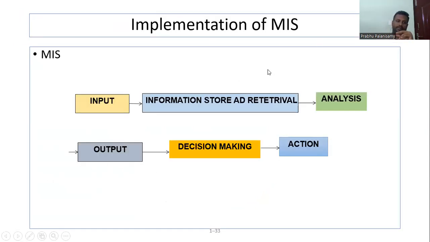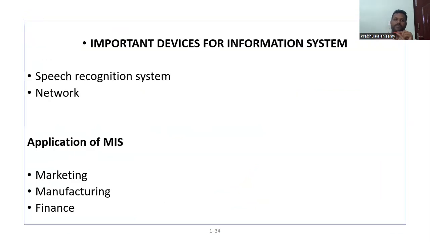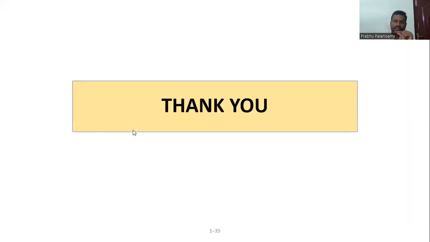Implementation of MIS: input, information store, data retrieval, analysis, output, and decision making and action. So we give some input, then storage and retrieval of data and analysis of the data, and output will be given. Based on that output, we can take some decision, and whether action is needed or not. Important devices of information systems: speech recognition system, networks. Applications of MIS are in marketing, manufacturing, and also finance.